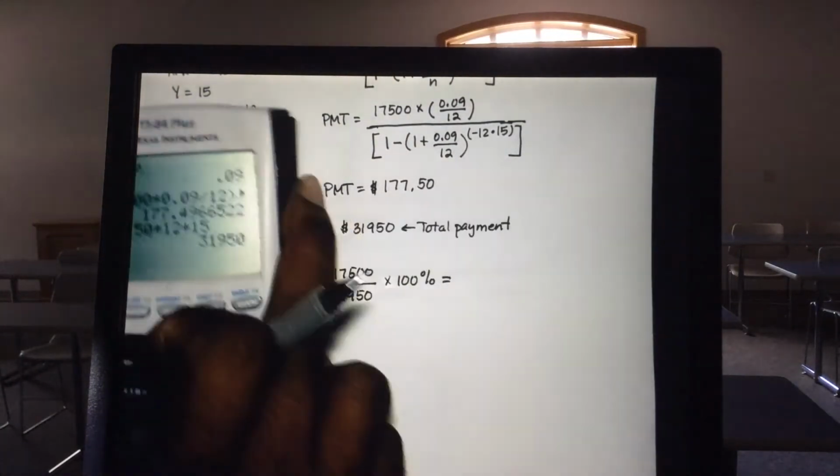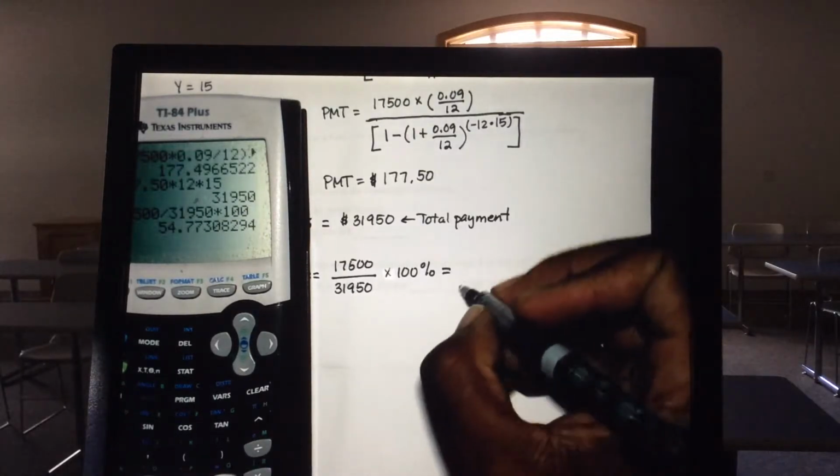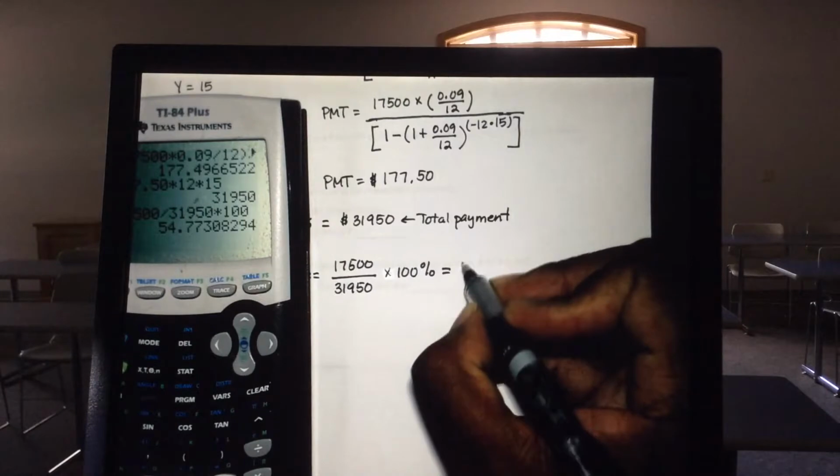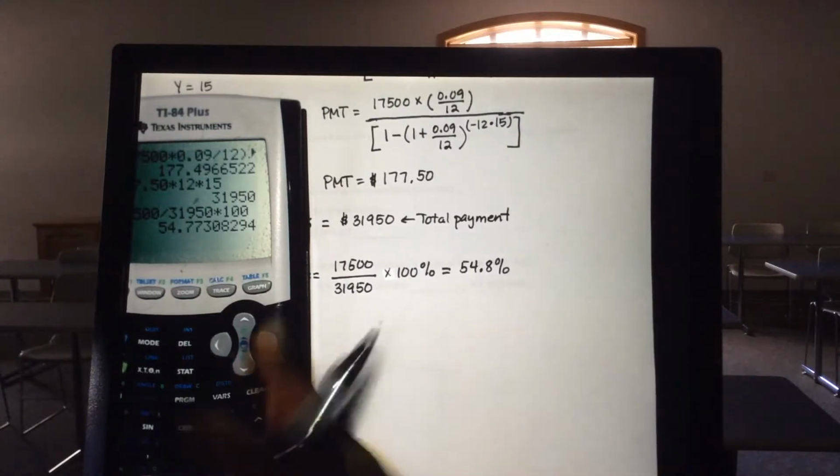So here, if I take the principal of $17,500, divide that by the $31,950 times 100%, this will be, to one decimal place, 54.8%.